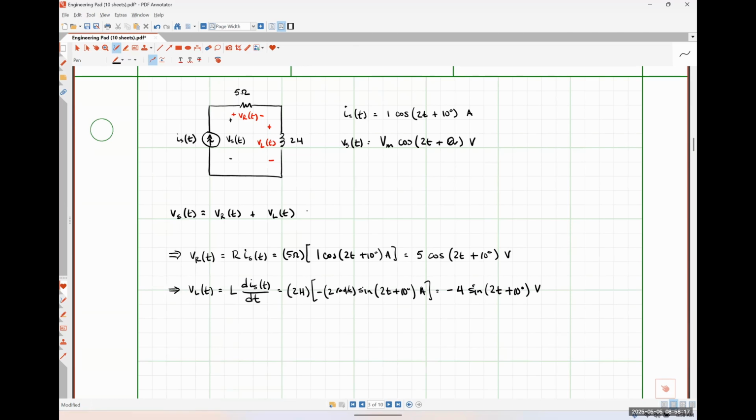So if I add these two guys together, I would have 5 cosine 2t plus 10 degrees minus 4 sine 2t plus 10 degrees volts.